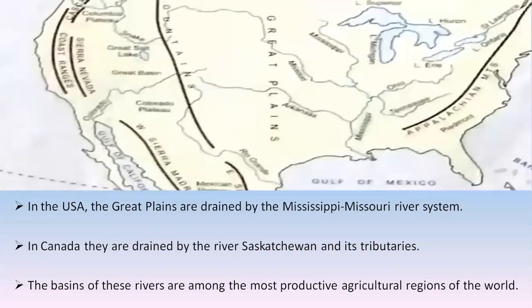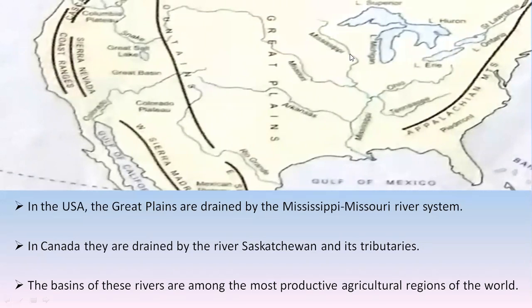Before moving to the next topic, we will see some extra points in these Central Plains or Great Plains. In the part of USA, the Great Plains is drained by the Mississippi-Missouri River system. This river in USA is called Missouri, and this river is called Mississippi.